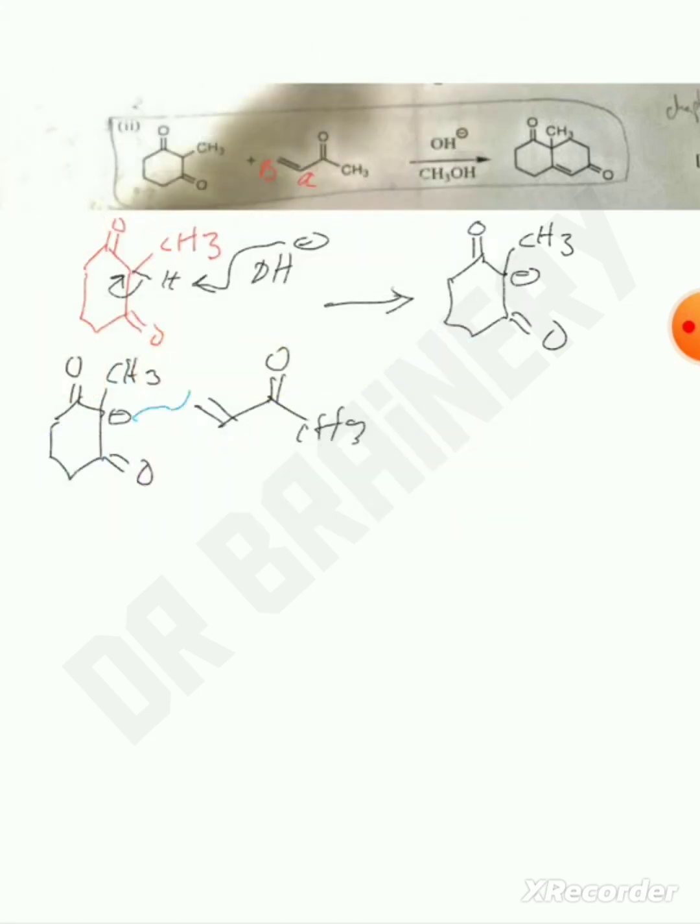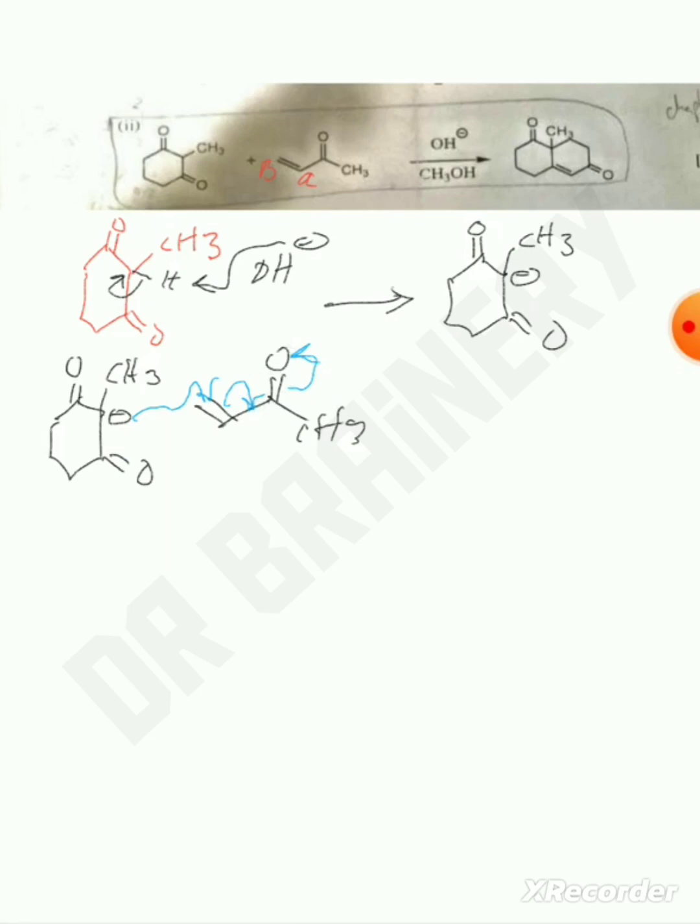enolate ion, and it attaches itself on the beta of this one. So what will happen is that when this attaches here, this double bond shifts to this, and this guy will remove this hydrogen bond, because what we want is to have 4 bonds on the carbon. Here they are 4, but when a double bond comes here, they'll become 5.